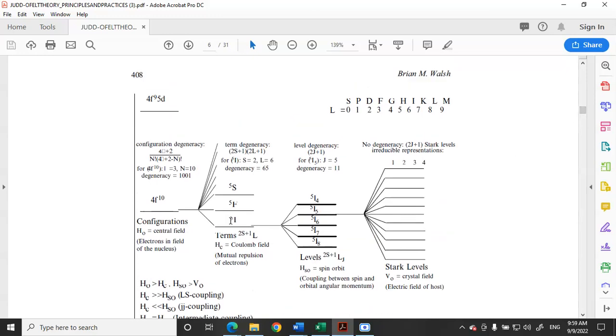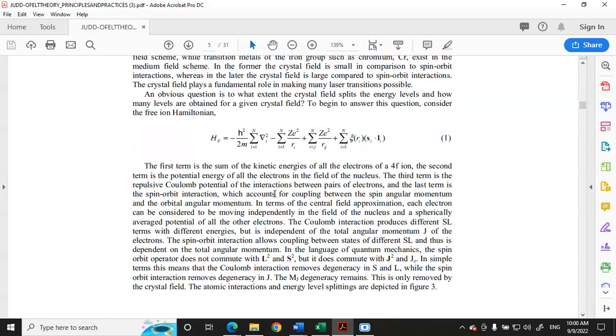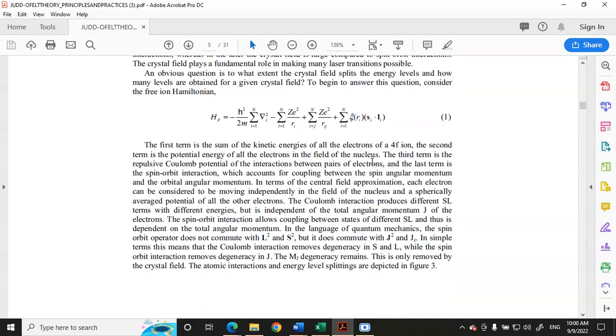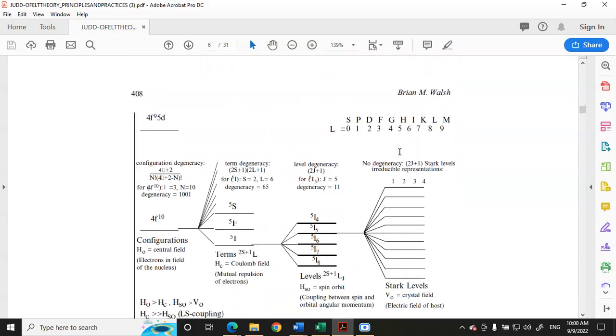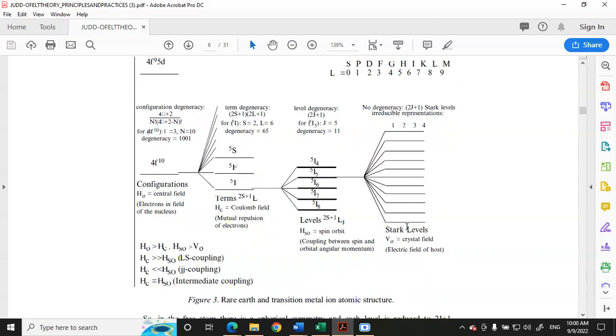where first, we look at how energy splitting is described in the Hamiltonian, with consideration of some interactions, and also energy splitting we can figure out by this expression.